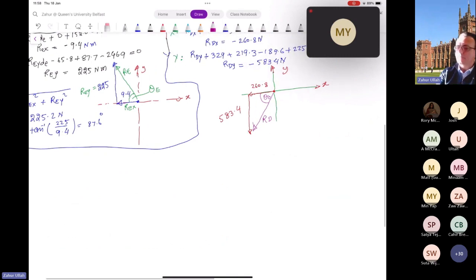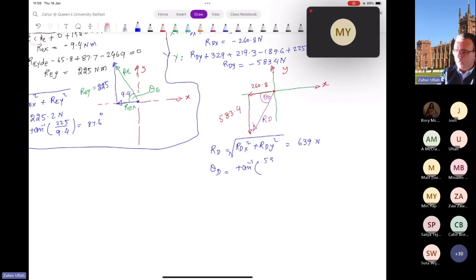So as you can see, similar to the previous case, now we need to calculate RD from its two components, the x and y components, which will be the square root of RDX squared plus RDY squared. It will give you your resultant force, which is something like 639 Newton, and theta D, which you can calculate by using tangent inverse.